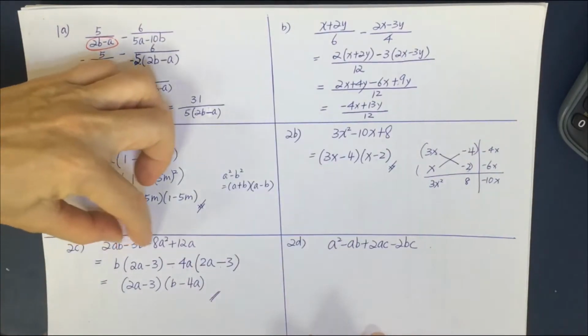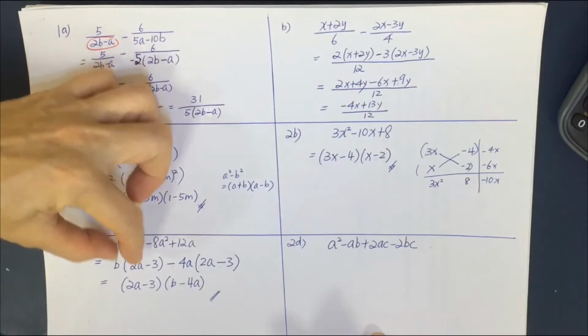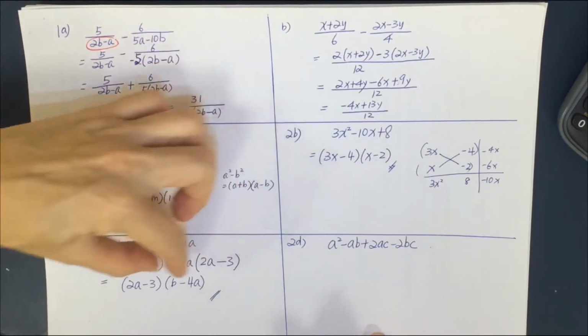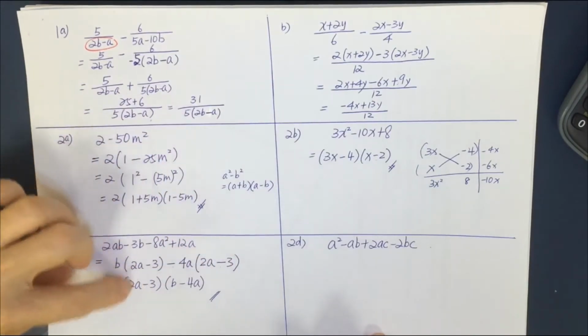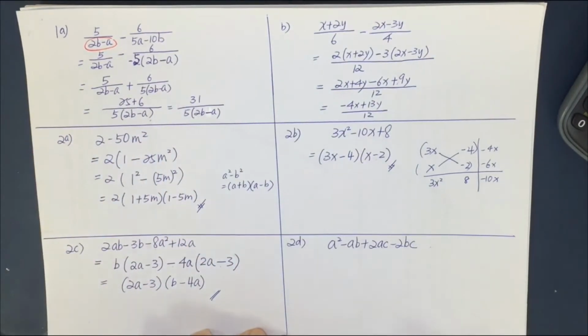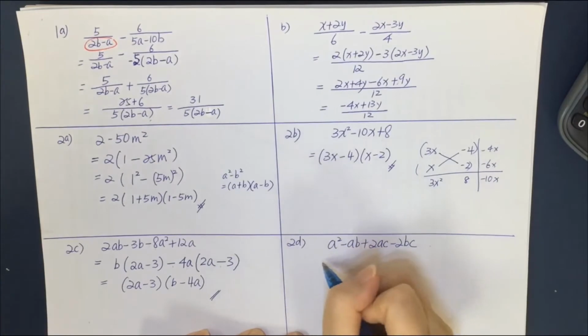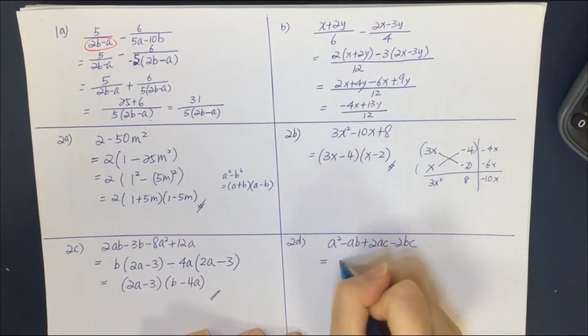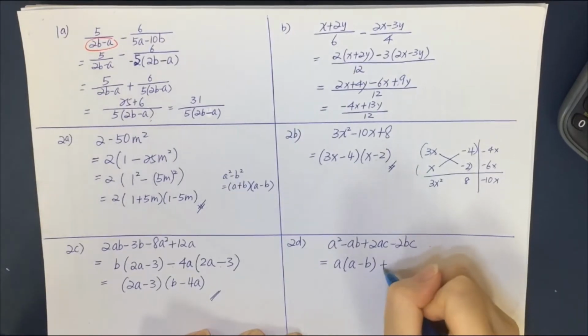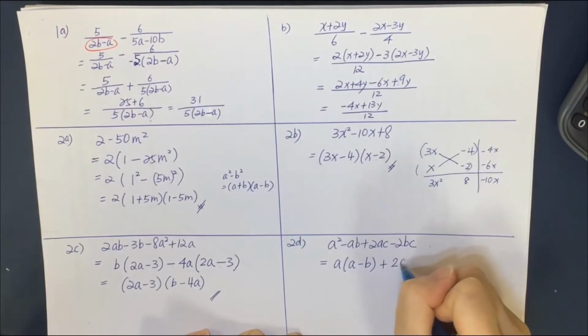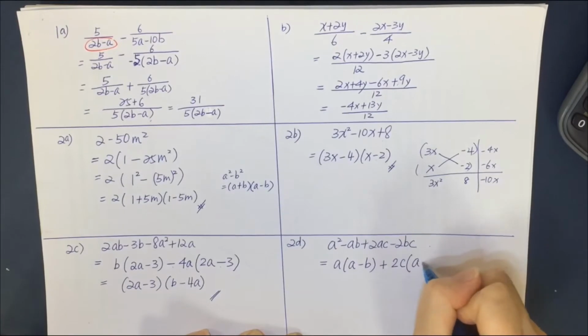Okay, so remember, when it's 4 terms, you always group 2 terms by 2 terms, factorize 2 terms by 2 terms, then take the common factor out, and this is the one. Same for this question. We take these 2, factorize, so I have a times a minus b, and then this one, I take 2c out, I will have a minus b.